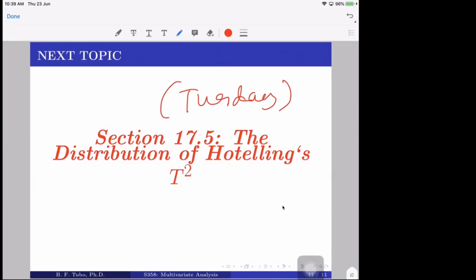So Tuesday is 17.5, and Wednesday I will discuss the t-square distribution, the Wishart distribution, and the functions. So you can expect the first exam next week by Friday, no?